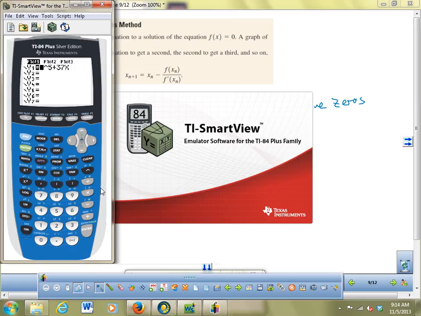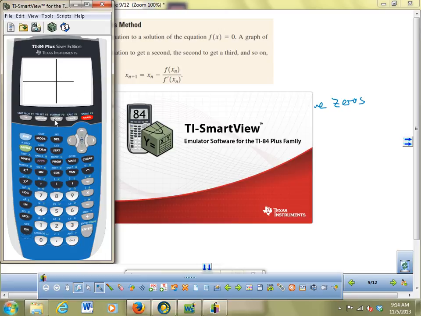Alright, so if I were to graph, that's not the function I want to graph. I want to graph x raised to the third plus 3x plus 1. Okay? And if I graph, I see this function. I zoomed out a little bit, but it goes up.